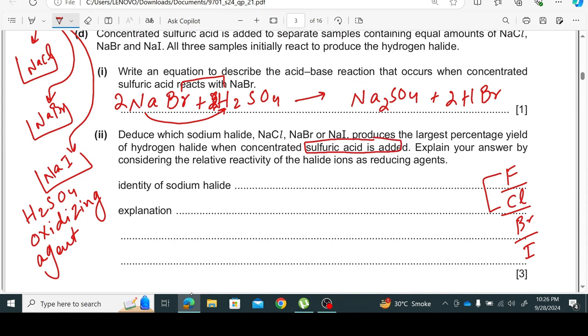So the reaction with chlorine, so you will get NaCl. Understand? This gives the largest percentage yield of hydrogen halide, because the rest will not produce as much hydrogen halide.